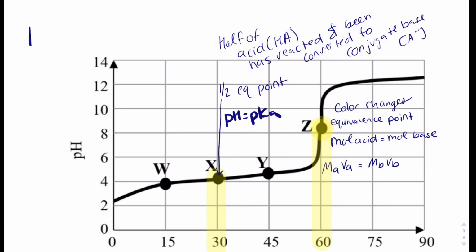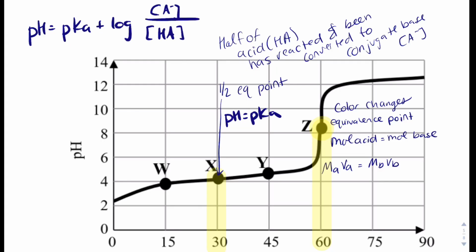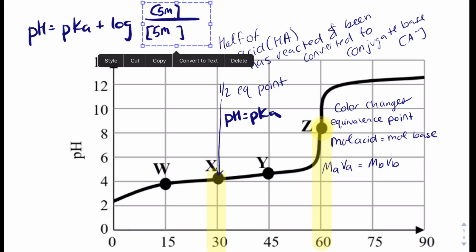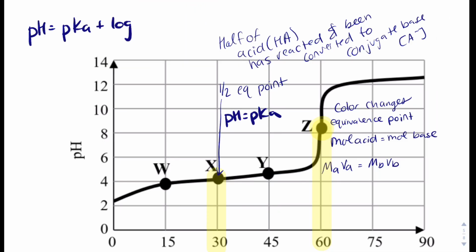Because if I have the Henderson-Hasselbalch equation, pH equals pKa plus log of A minus divided by HA, well, if we're at the half equivalence point, these guys, let's say they're both 5 molar, that fraction is just 1.